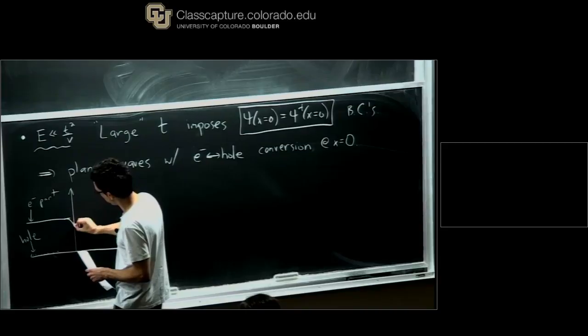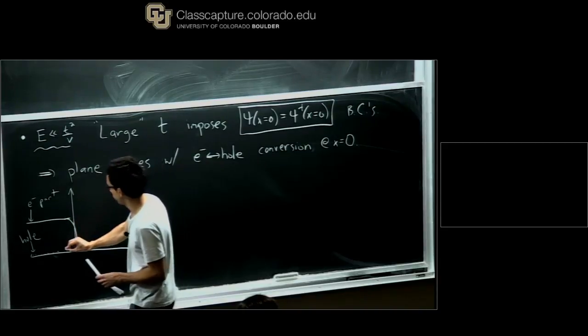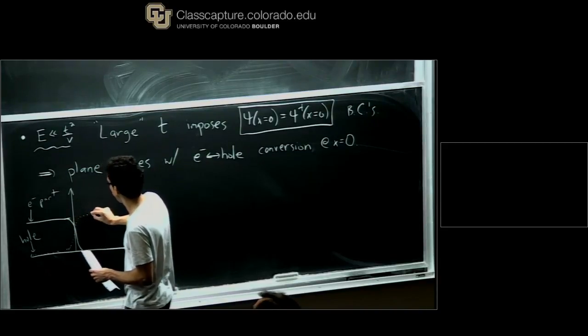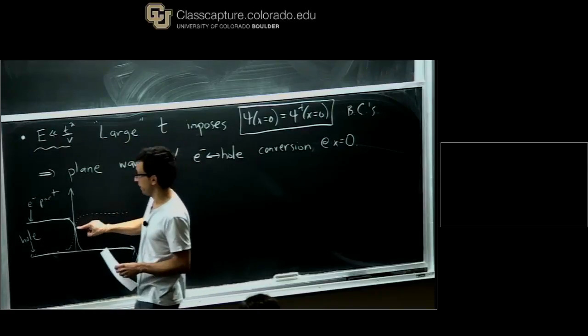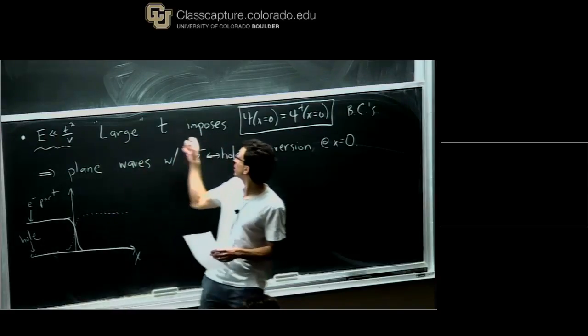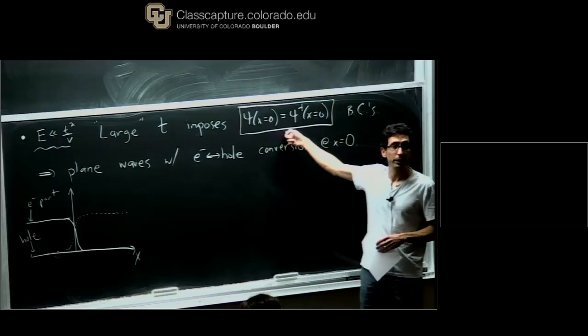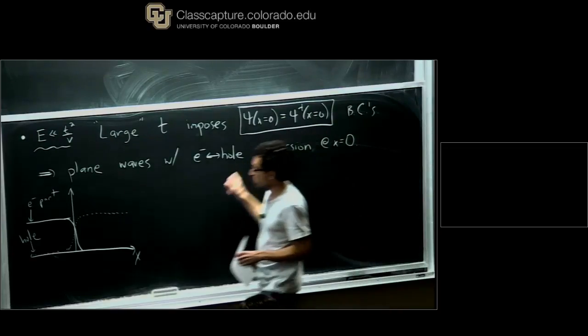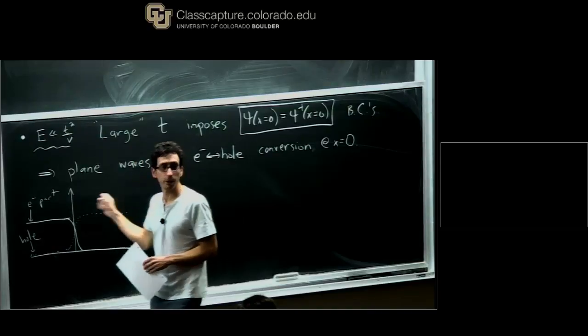But this thing should crash down to 0 at the same time that the hole part gets revived. And so now you can see that at x equals 0, I have a wave function that's consistent with that boundary condition. Okay, so this is the idea of electron-hole conversion.